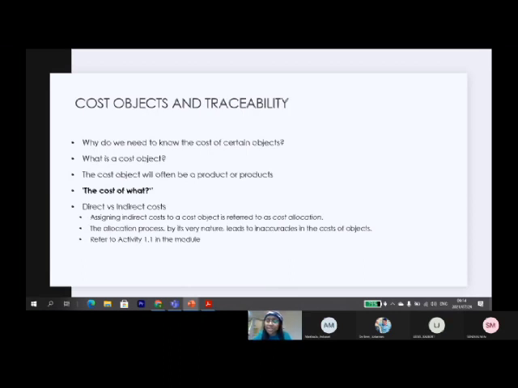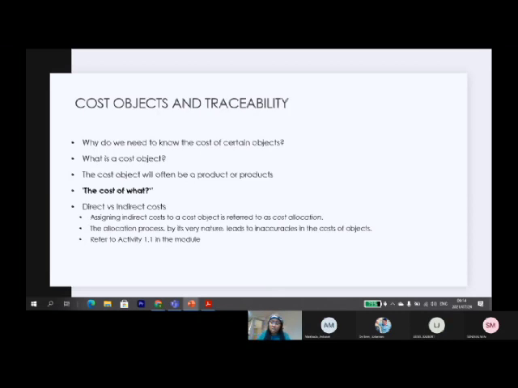For instance, if I'm a pencil manufacturing company, the wood that we use to create that pencil, or the material used to make the sweater I'm wearing, that would be my direct cost.